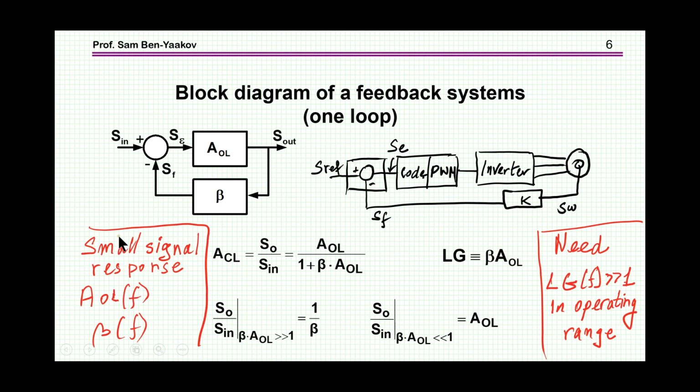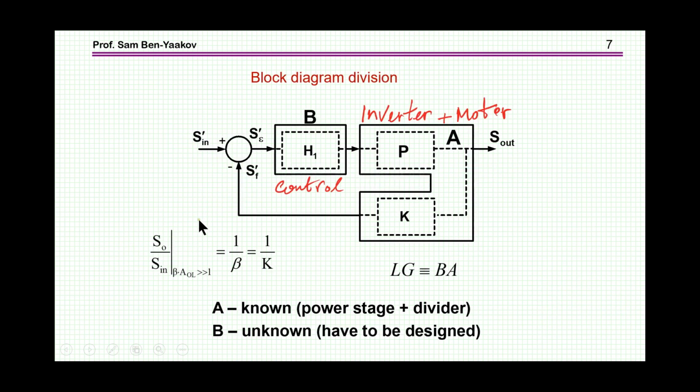So we talked about the small signal, and we now understand we would like to have the loop gain very large in the operating range in order to reduce this error and make this equal to this. So let me go back to the problem. We have an inverter plus motor. We have some feedback.